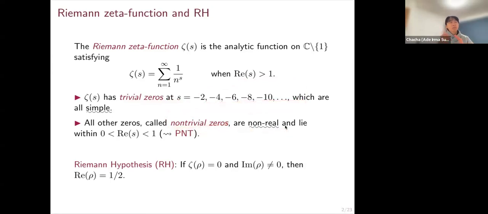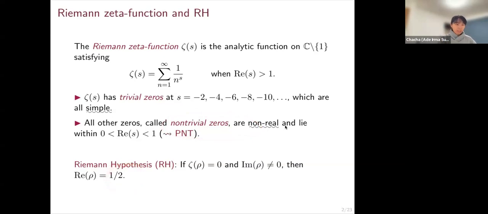They are not on the real line, and they lie only within the critical strip, which is between 0 and 1. The Riemann hypothesis is when all these non-trivial zeros lie on the straight line with real part a half.